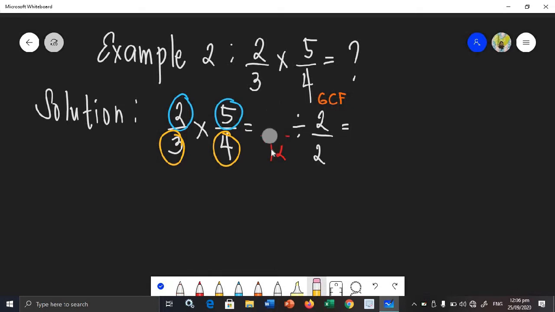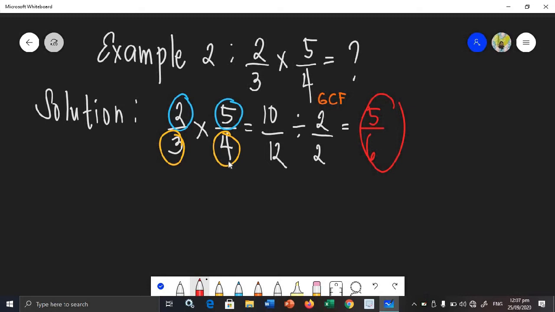This will not be your final answer, so I'm going to write this on white pen. 10 divided by 2, that is 5. And then 12 divided by 2, that is 6. Now here, it is already in simplified form. But I am going to teach you another technique.